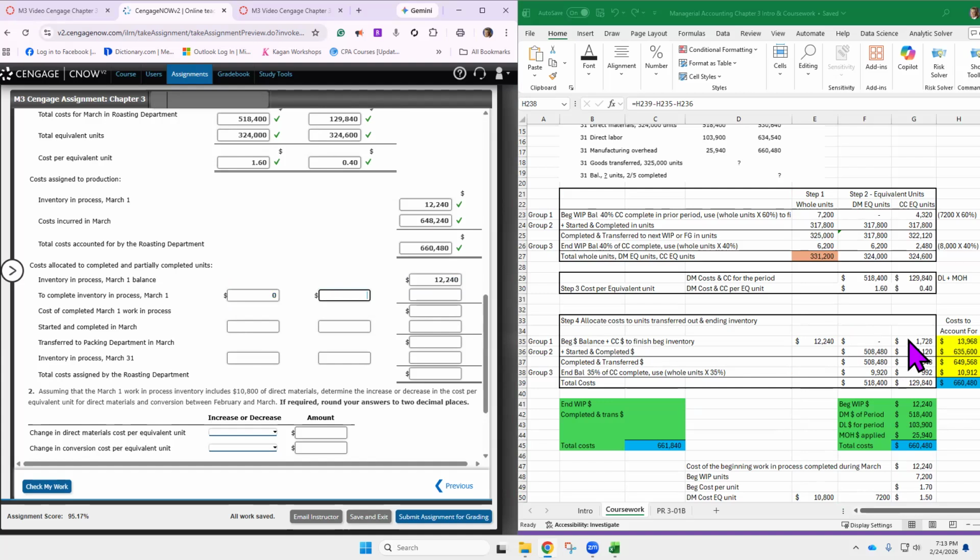But if we do the math here, we take the partially completed conversion costs times 40 cents, and we get $1,728. And then that adds up here. And then the cost completed. When you add these two together, you get 13,968.